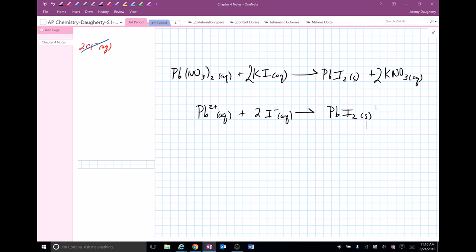Now on the worksheet that you have, you can now do number 6. All right, number 6 on the back of the first page. That's some more practice on this right here.